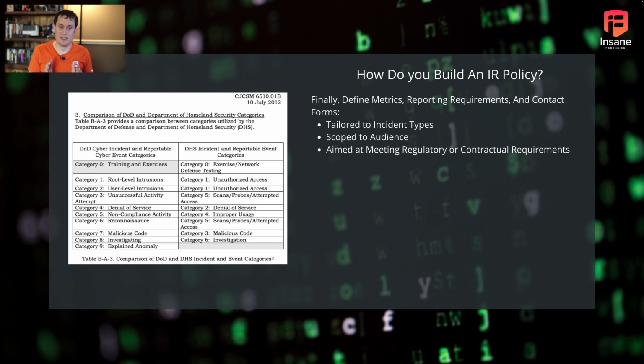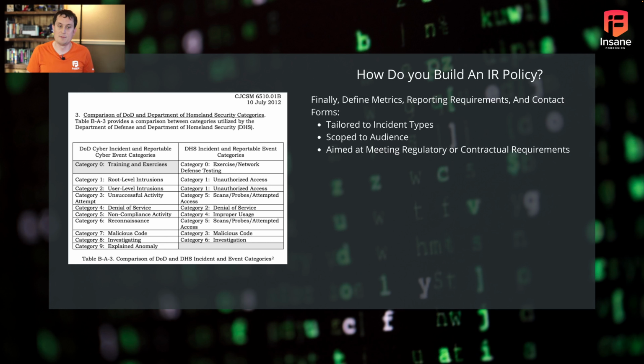It's also going to be scoped to the audience, right? If you're sending this report to the board, or to a non-technical executive in the organization, that report's going to look different than if you're sending it to IT, or to another business unit that might have a deeper technical understanding than the executive level does, right?